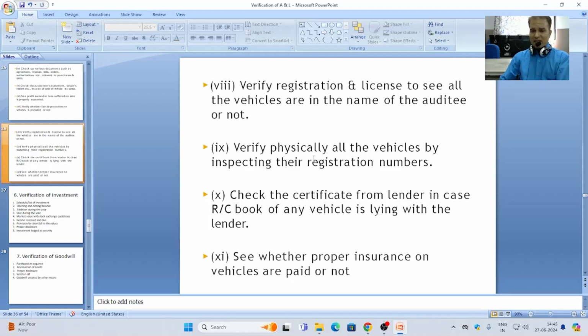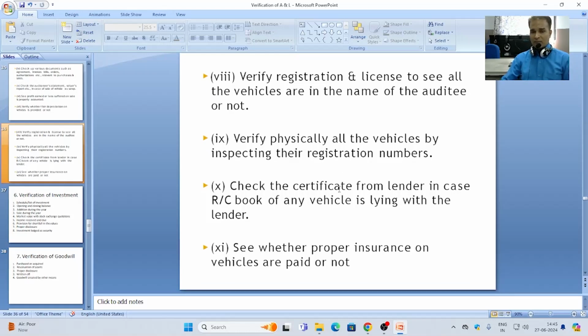Auditor should physically verify all the vehicles by inspecting their registration number, chassis number and any other related evidence. The auditor should check the certificate from the lender in case the registration book of any vehicle is lying with the lender. We have to see whether proper insurance on vehicles is paid or not. If paid, then the last receipt should be verified carefully.